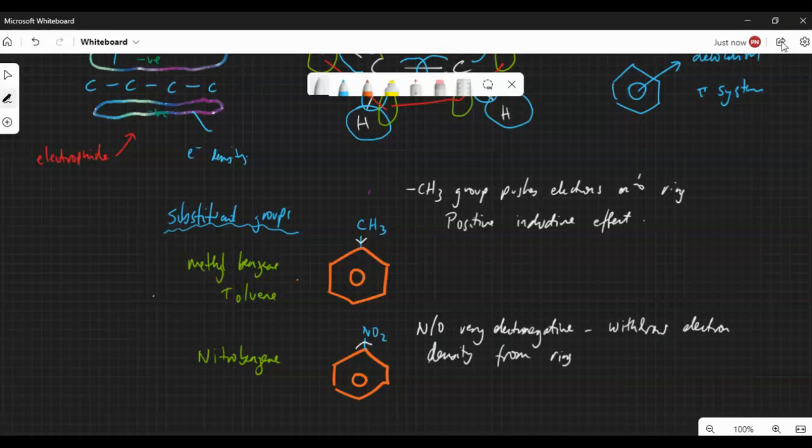This is called a negative inductive effect. We often simplify this by saying these are plus I for positive inductive effect, and these are minus I for negative inductive effect.